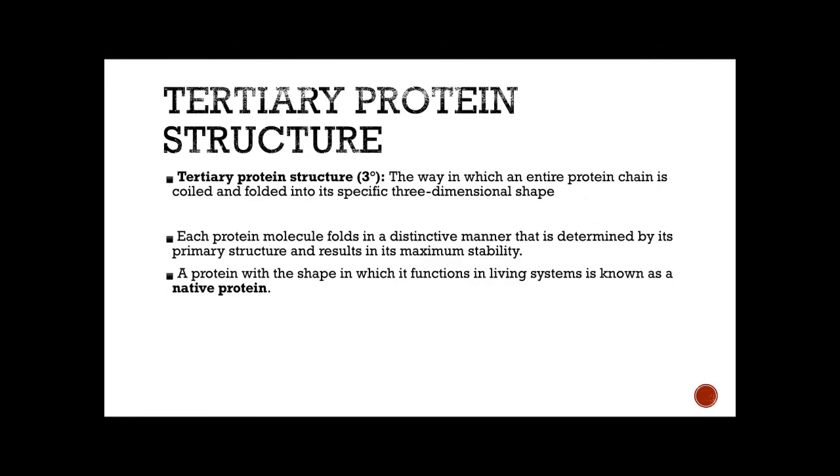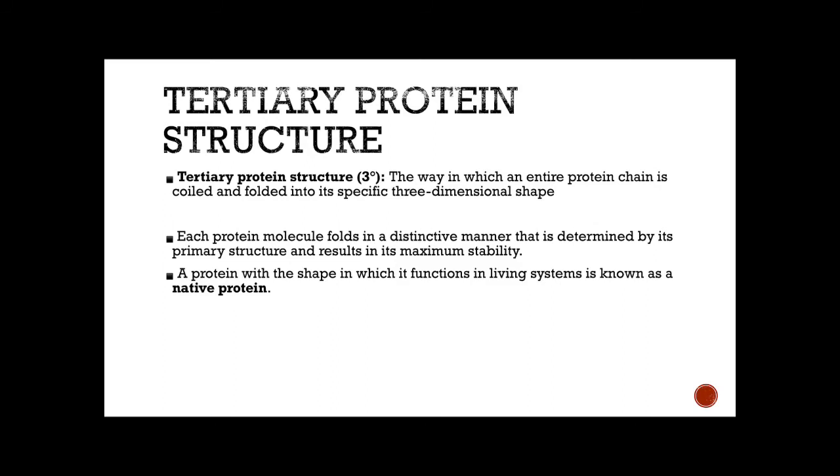Okay, the tertiary protein structure involves attractions and repulsions between the R groups. In secondary structure, we were looking at just hydrogen bonding between the peptide backbone. But in tertiary structure, it's all about the side chain interactions.